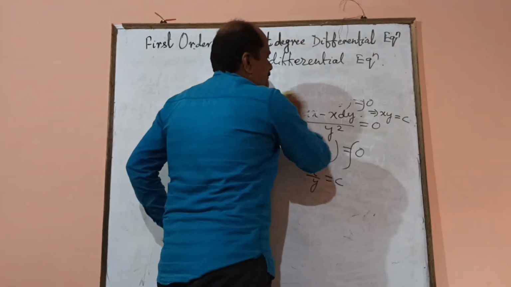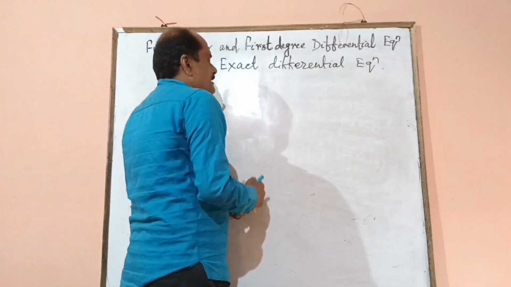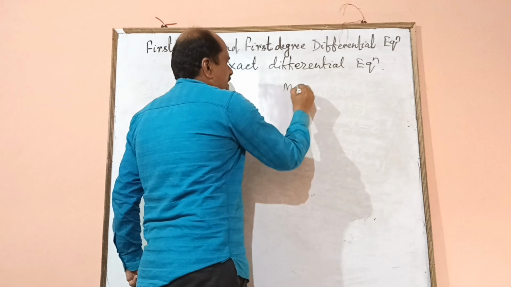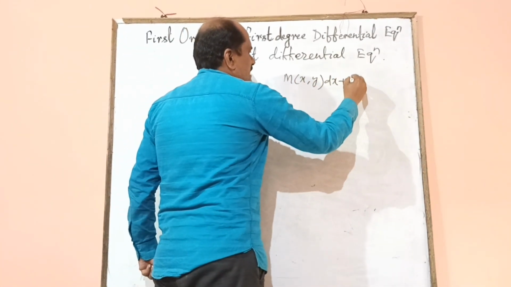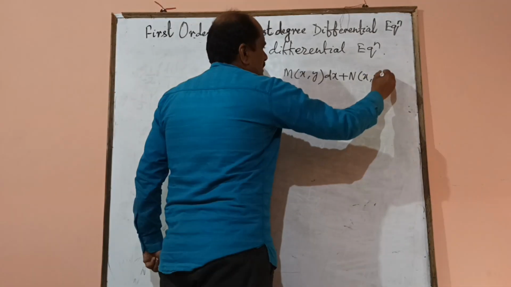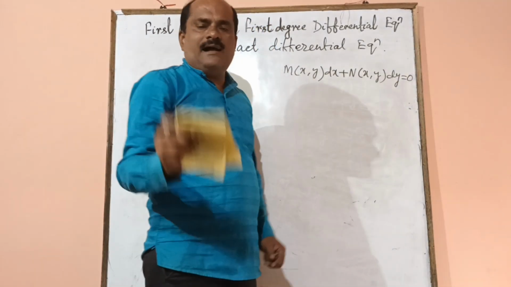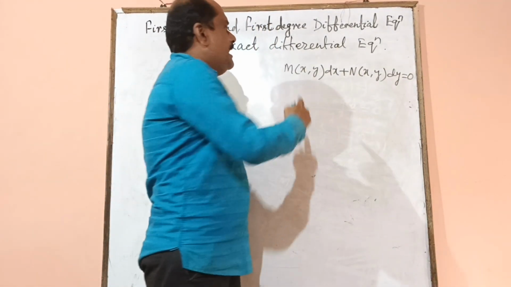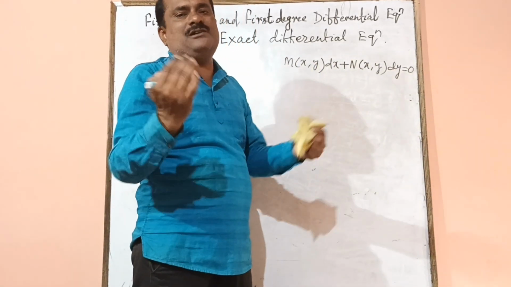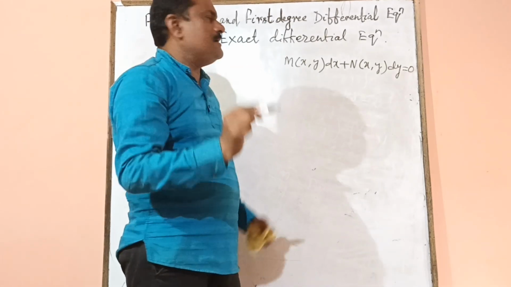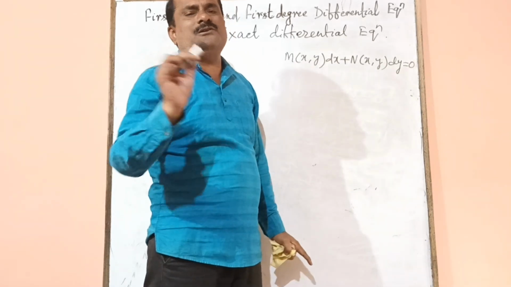What is the definition of an exact differential equation? An equation M(x,y) dx plus N(x,y) dy is equal to 0 is an exact differential equation if the left side of this equation is expressed as the derivative of some function.